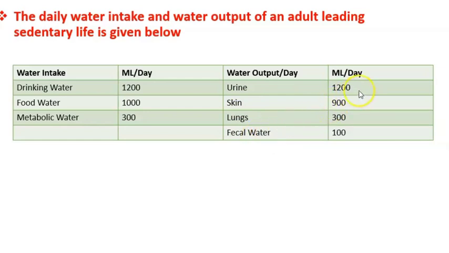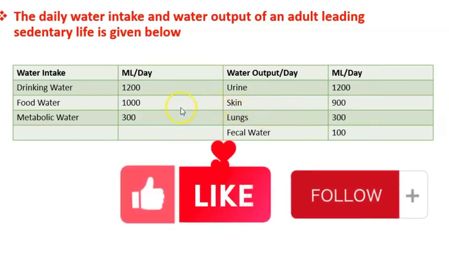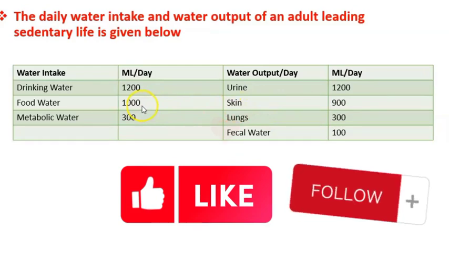If you check, it comes to about 2,500 ml, which means the amount of water taken in a day is equal to the amount of water excreted from the body, to make sure that the body is in a state of equilibrium. Homeostasis is in a state of balance.